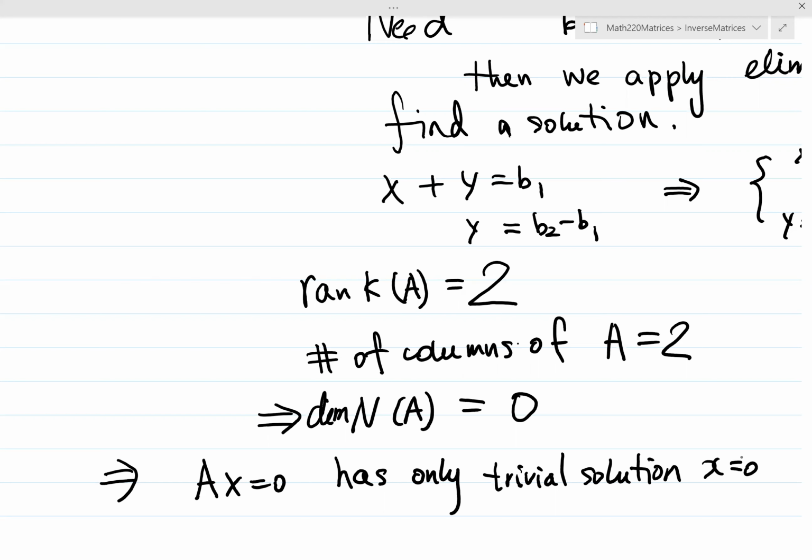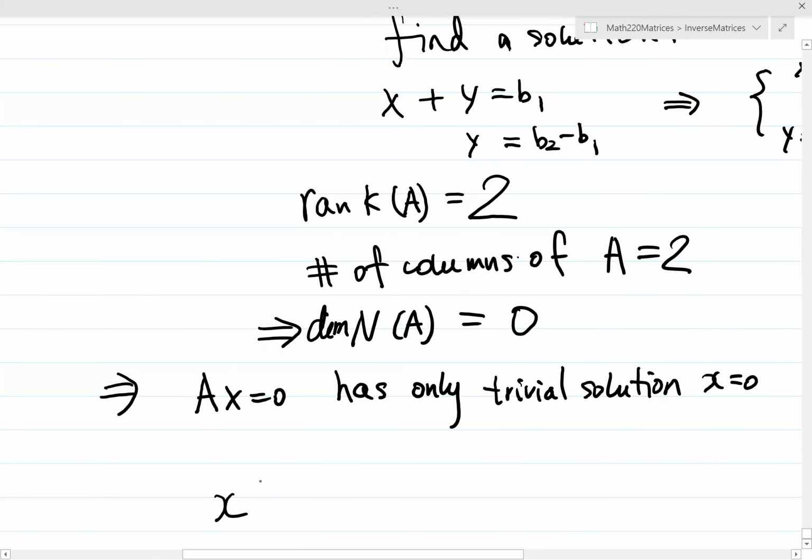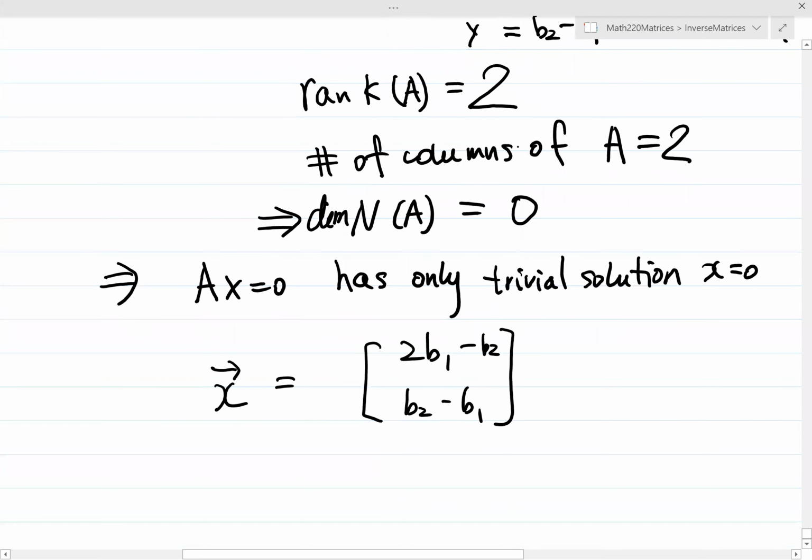So the general solution is this. We only have one solution actually: 2b1 minus b2, b2 minus b1. Okay, then we're done.